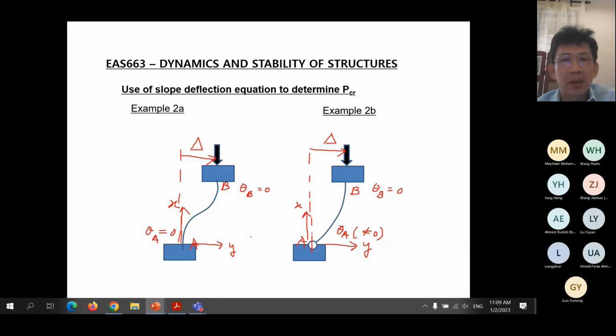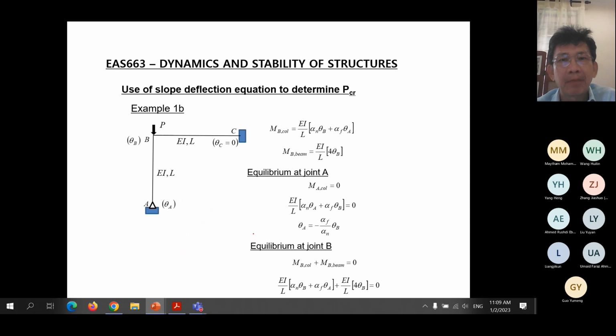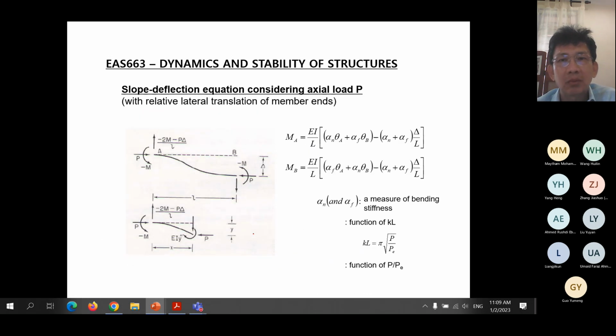So the equations that we will use, if I can go back to this, will be the equations involved if there are no end rotations.